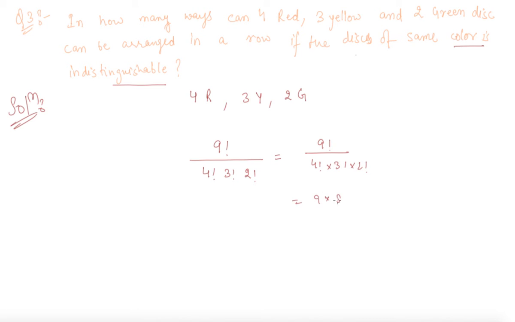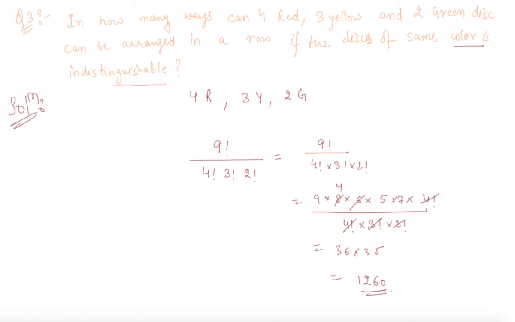So it is 9 into 8 into 7 into 6 into 5 into 4 factorial upon 4 factorial into 3 factorial into 2 factorial. So 4 factorial cancels out, 3 factorial is 6 and it cancels with this, so 2 is 4 times 36 into 35, that is the answer we are left with. So it is 1260.